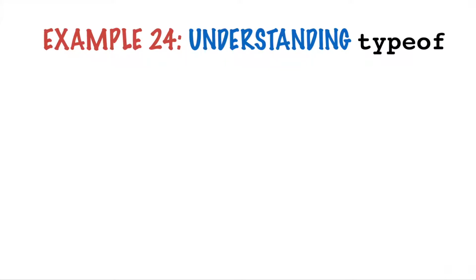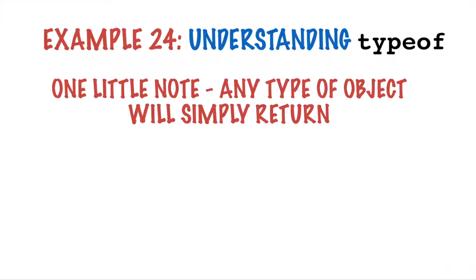You might have noticed one thing here though. Any type of object will simply return object. Say you have two types of objects, rectangles and triangles. They have different properties. Everything is different.